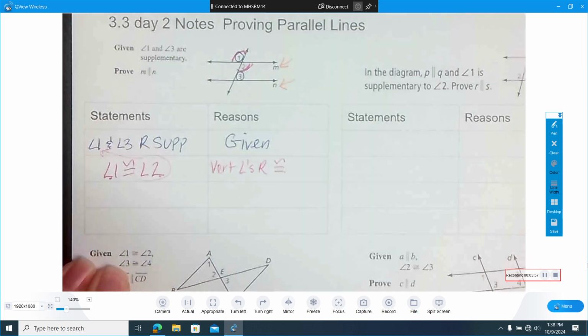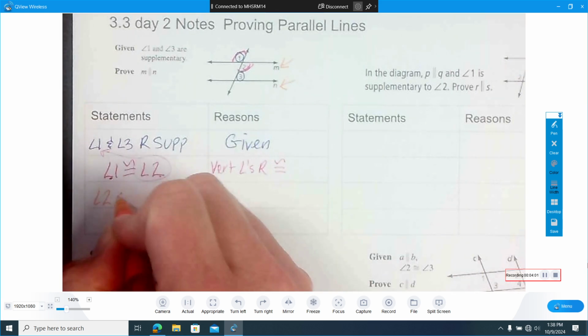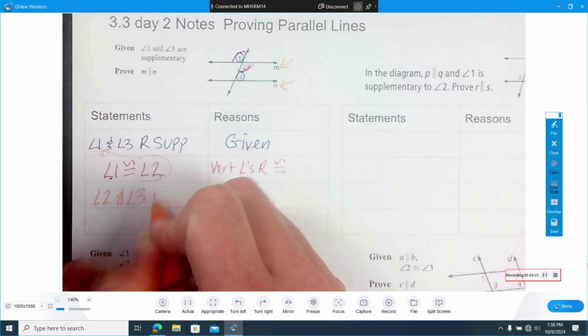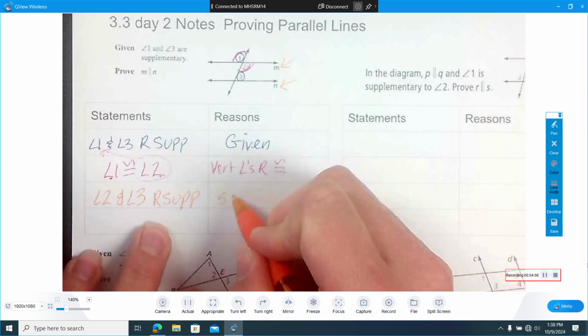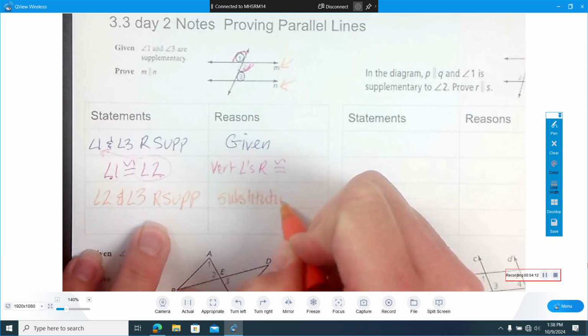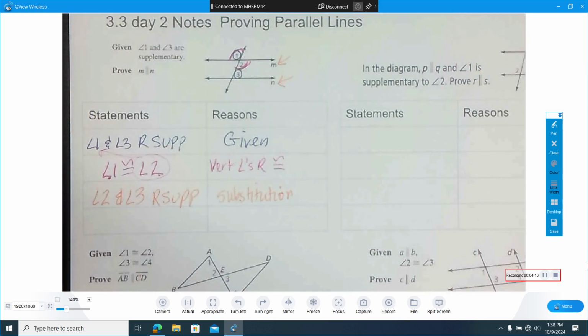Substitution, yes, substitution. Hey, angle 2 and angle 3 are supplementary then. And again, we did that just using some substitution. We just plugged it in because these are like equal to each other. So we can just replace one with the other.